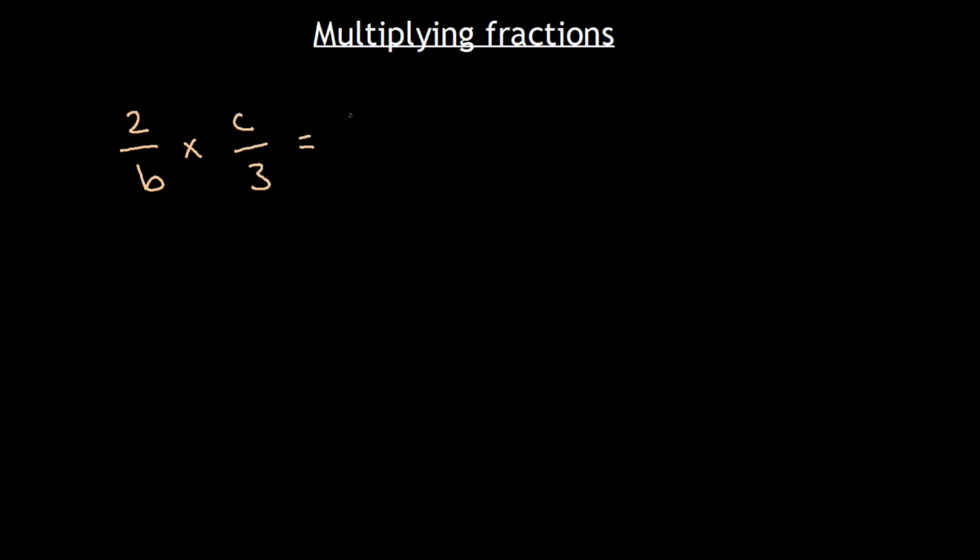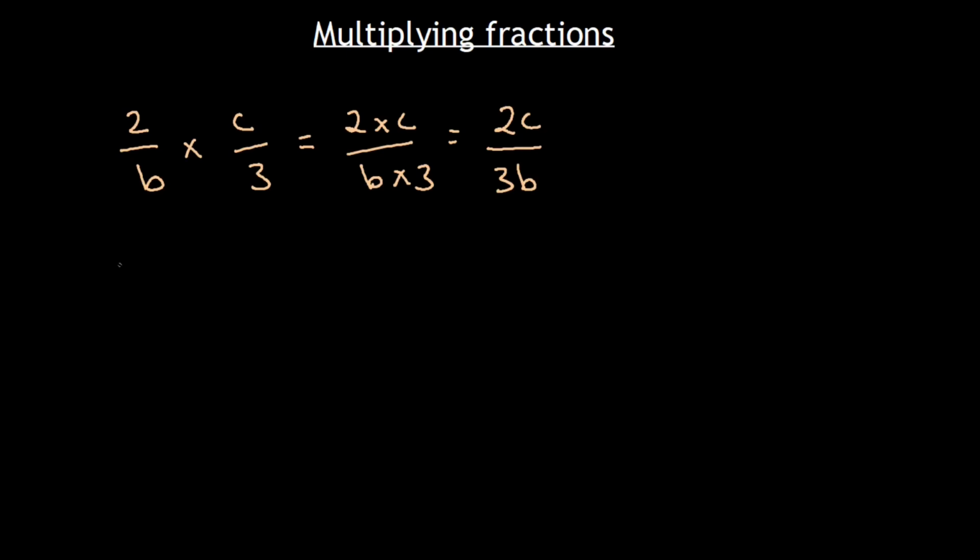So we'll do 2 times c over b times 3. Okay, and from your algebra lessons, we know that 2 times c is just 2c. We've got 2 lots of c's, and that will be 3b. Not b3, because it just doesn't make sense saying it's b lots of 3's. It makes more sense when you say 3 b's, 3 lots of b's.